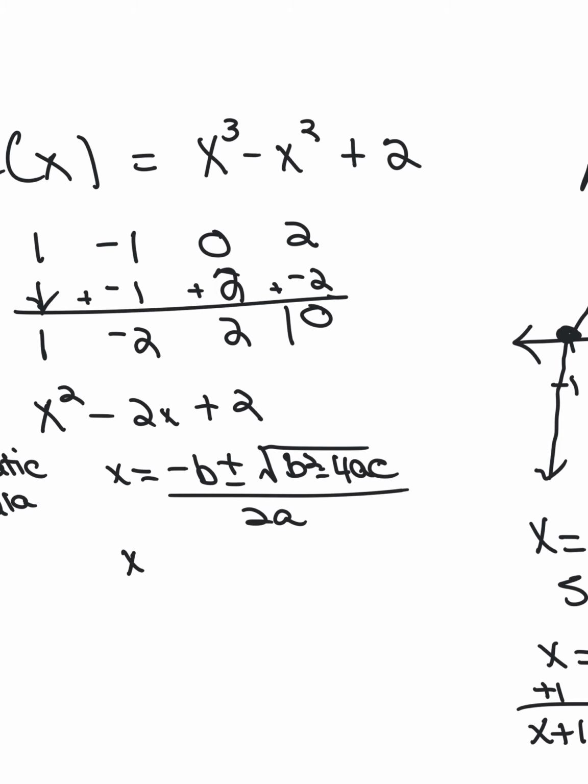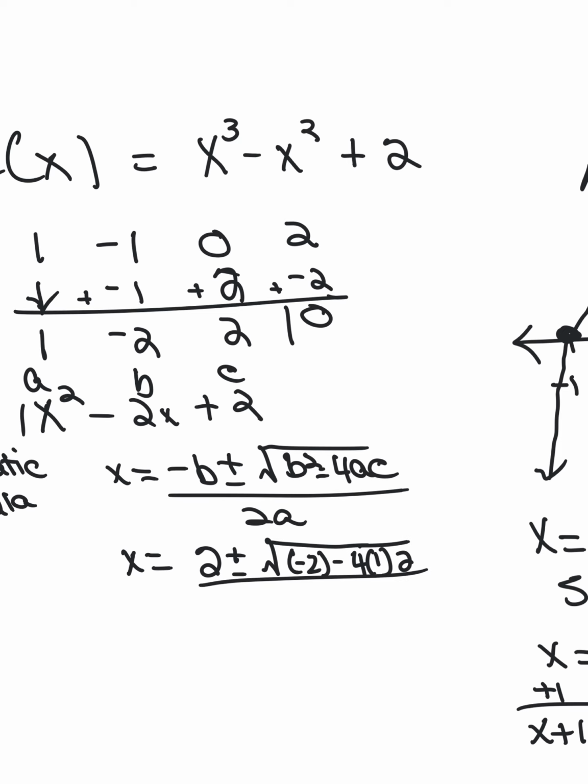I plug in, and I'm going to get the opposite. a is 1, b is negative 2, and c is 2. The opposite of b is going to be positive 2 plus or minus the square root of negative 2 squared minus 4 times 1 times 2, and that is over 2 times a, which is 2.